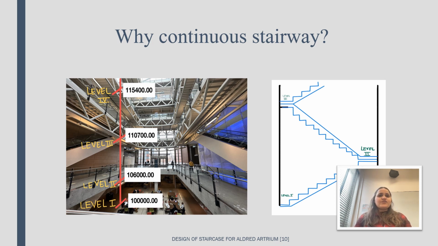If any design of stairway except for a continuous pattern was opted for, it would lead to a different riser height for levels 2 to 3 and 3 to 4, leading to a discontinuity in the rhythm of travel, causing inconvenience in one's commute, which many times leads to people tripping or falling and injuring themselves. Also, the compact design makes the structure less overcrowded since we already have the exposed trusses in the structure.